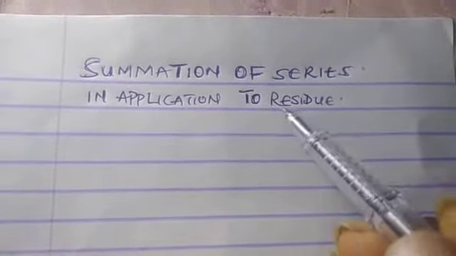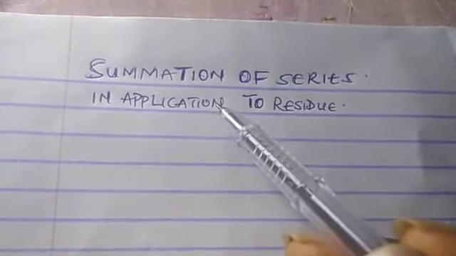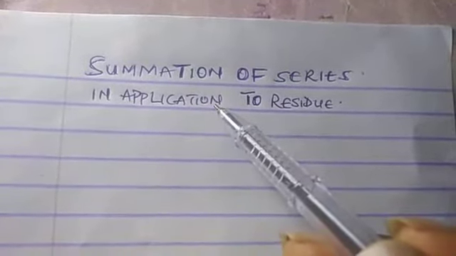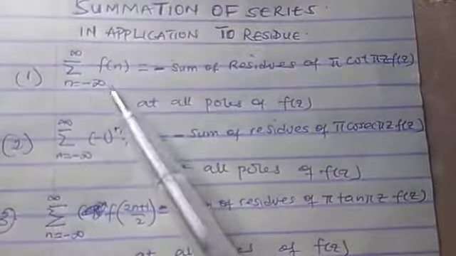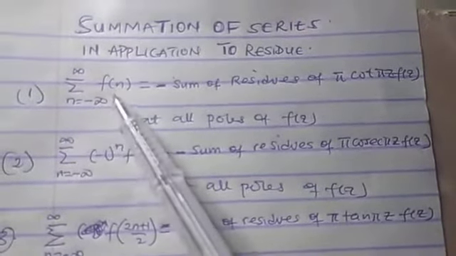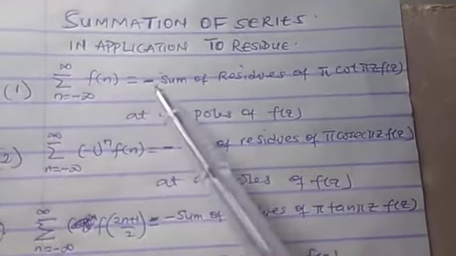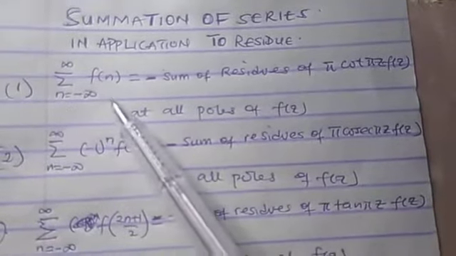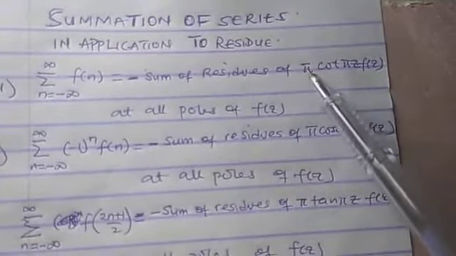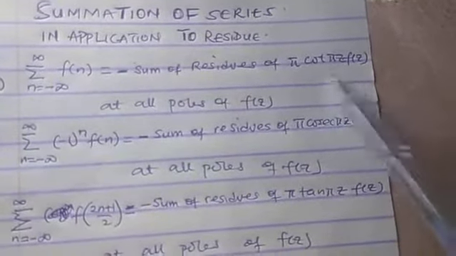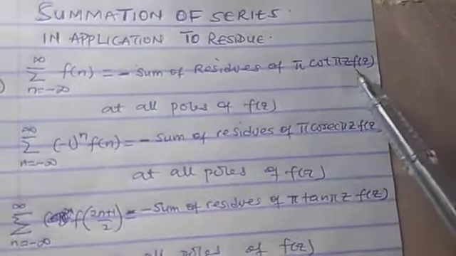Today we want to talk about application of residue in finding the summation of series. Now we take note of the following. These are the formulas. When we are given a series that has f of n, to find the summation of this series, the answer is equal to the sum of residues of pi cot pi z times f of z.